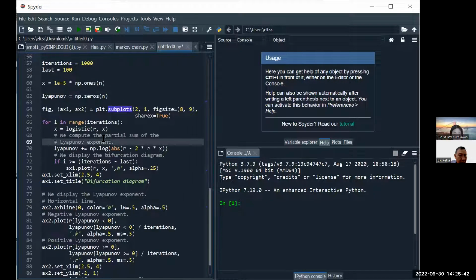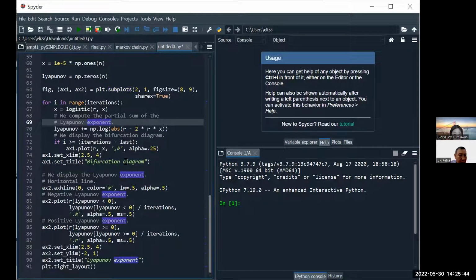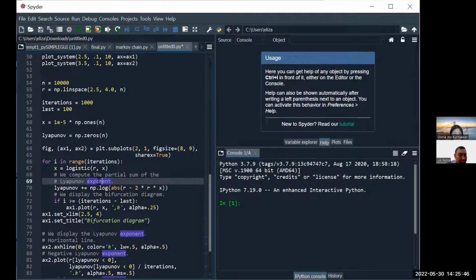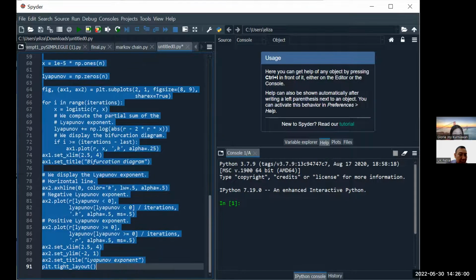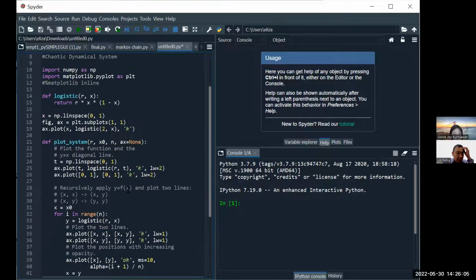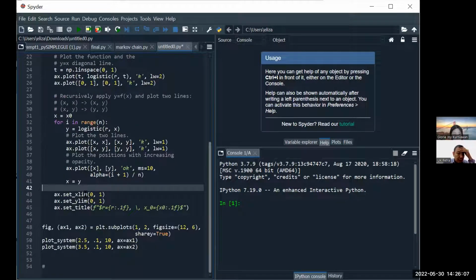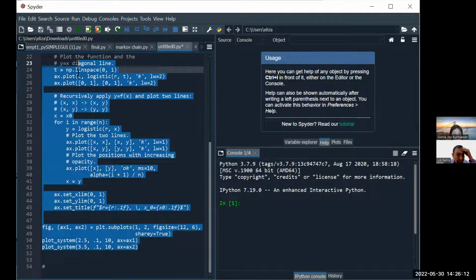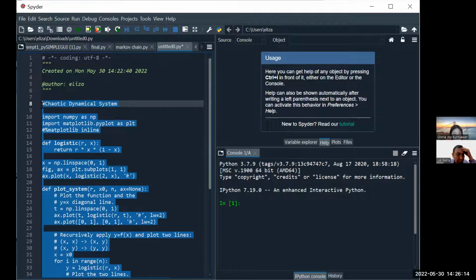The lines from 54 and below, you can just comment those first. No problem. And then you plot that one. I think you just run this.